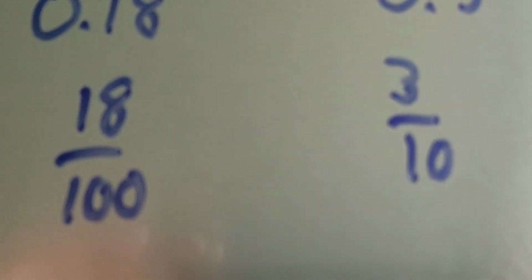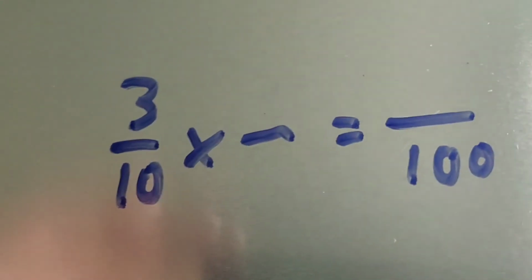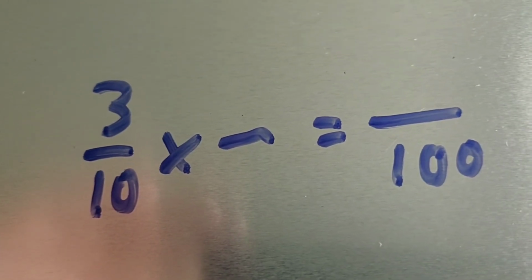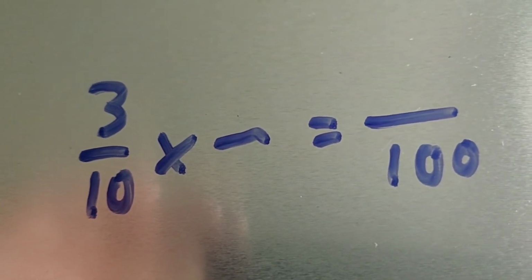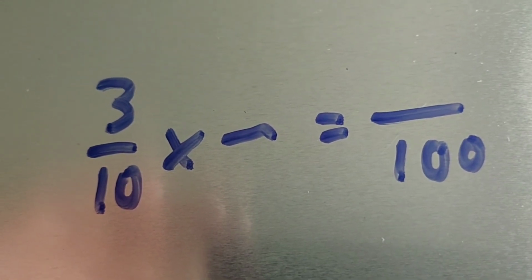So we're going to want to express 3 tenths as a fraction with a denominator of 100, so we can easily compare it to 18 hundredths, which already has a denominator of 100. To do that, we're going to use the same strategy. 3 tenths times what over what equals something over 100?